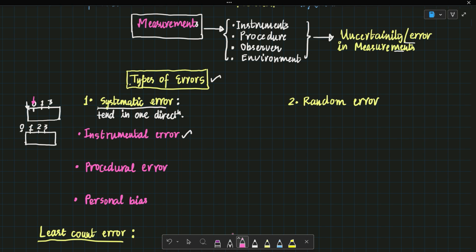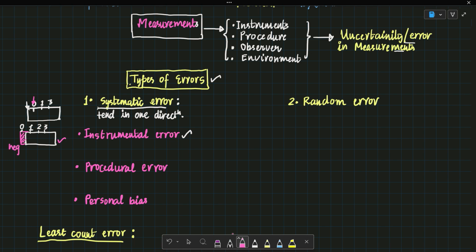So this is called zero positive error. Or we have a scale that is worn off, so this part is worn off. Whatever we measure from this instrument will always be less than the expected value. This is called negative zero error.